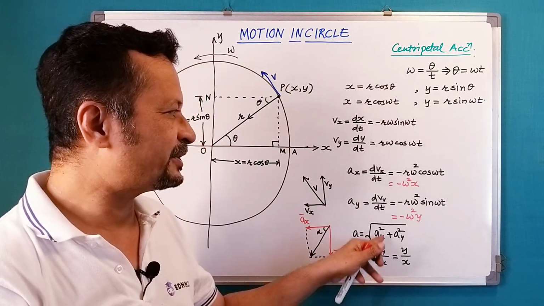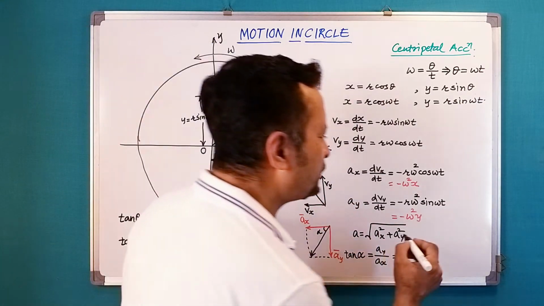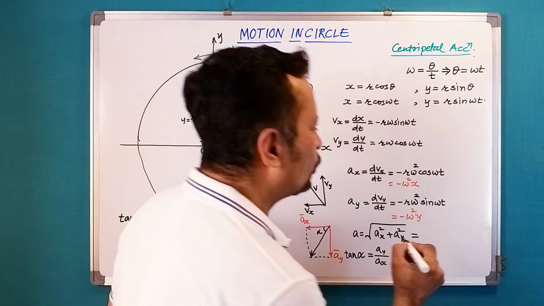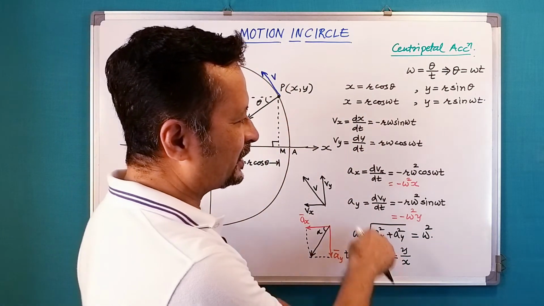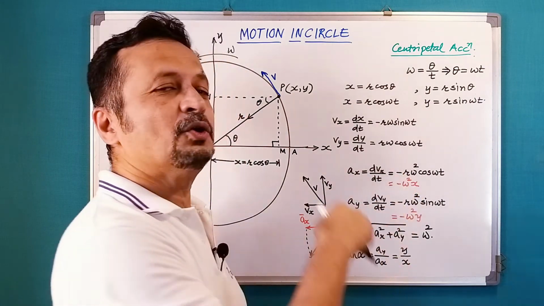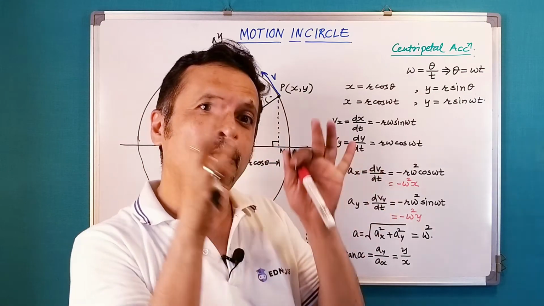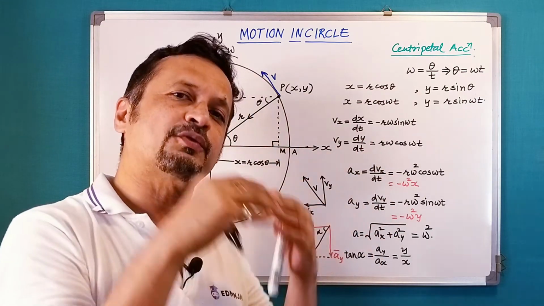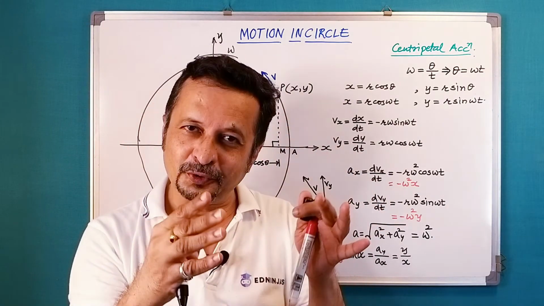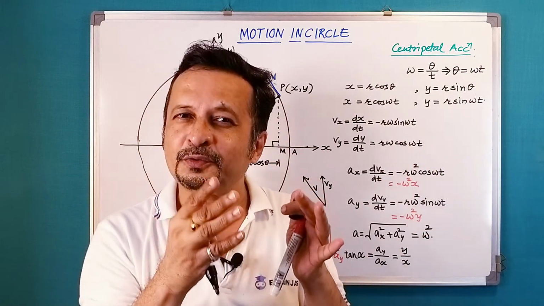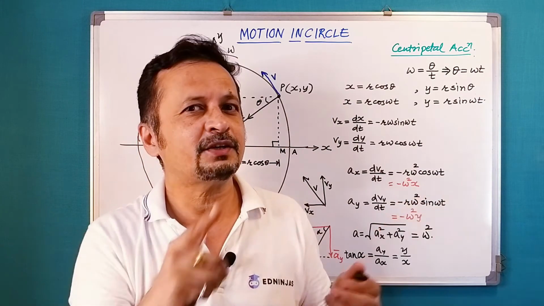If I substitute for ax and ay over here, would it not be omega square multiplied by, now over here, what is this, r square omega square, r omega square cos omega t the whole square, that would be r square omega raised to power 4 cos square omega t plus r square omega raised to power 4 sin square omega t. You take r square omega raised to power 4 common, and cos square omega t plus sin square omega t is equal to 1, isn't it?